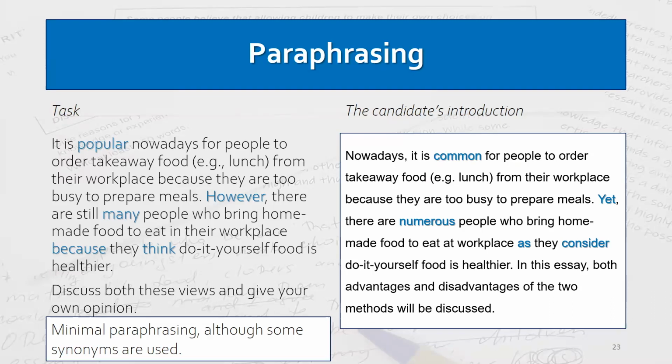If you compare the task on the left-hand side of the screen with the candidate's introduction on the right-hand side of the screen, you can see the sentence structures are quite similar, although there are some changes in terms of vocabulary, like changing popular to common or many to numerous. Obviously, this degree of paraphrasing isn't enough, and we need to do more.